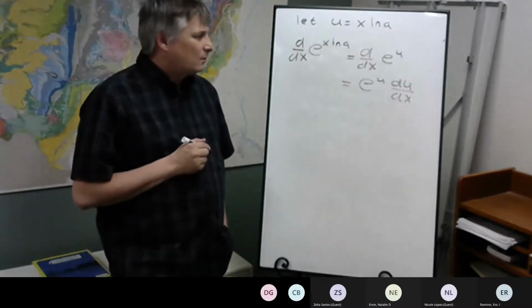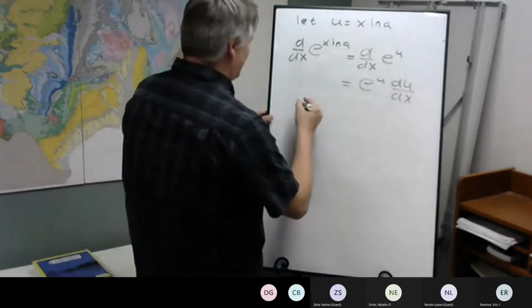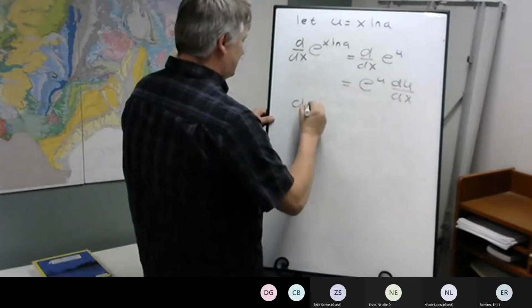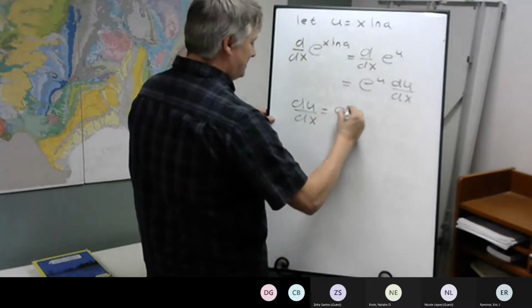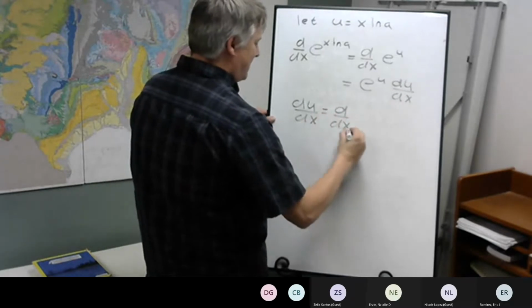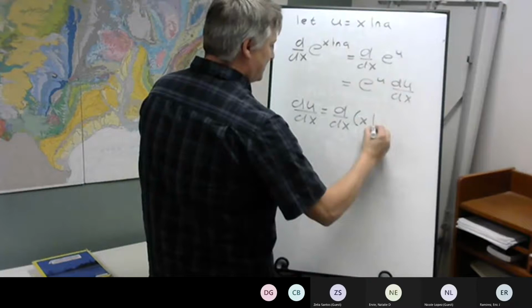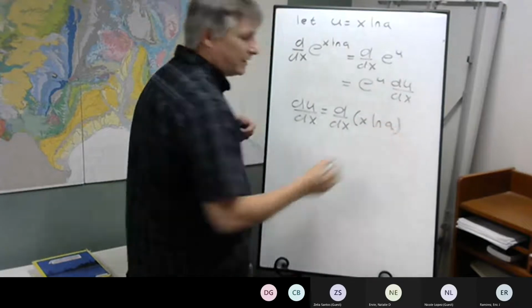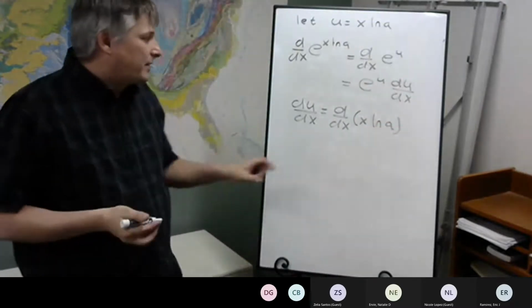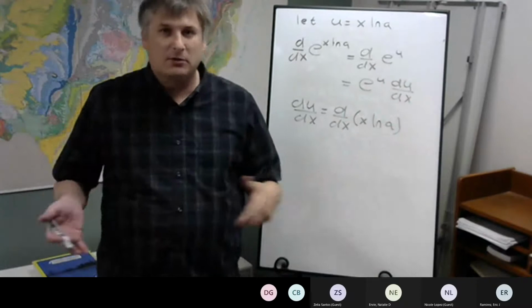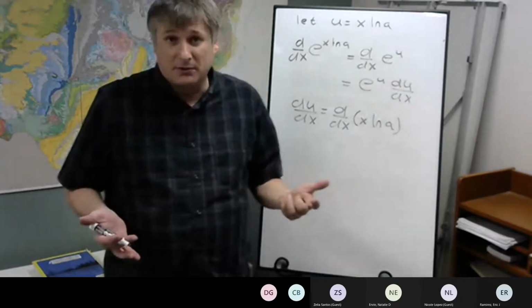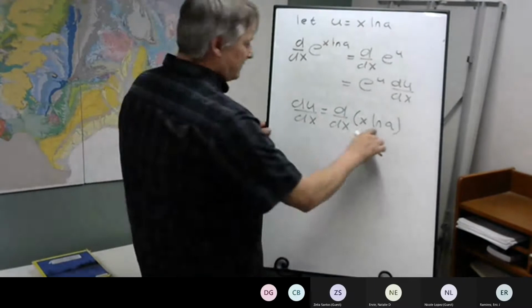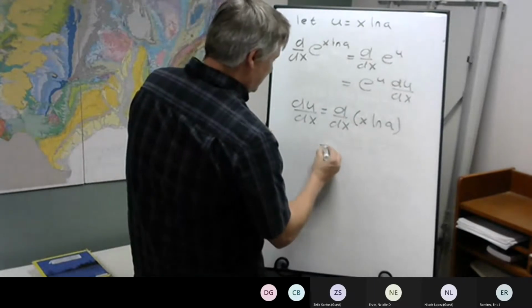So what we know is that taking the derivative of u with respect to x is going to be d dx, x natural log of a. And again, natural log of a is just going to be some number. It could be an integer, it could be a rational number, it could be an irrational number. But whatever it is, it's a constant.